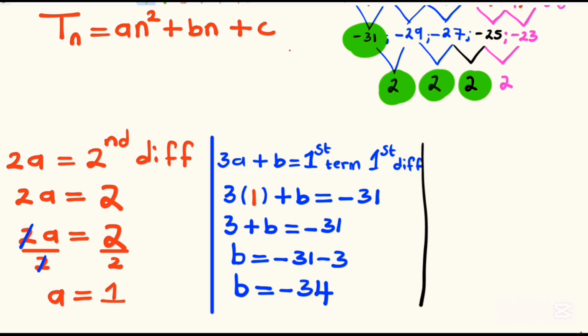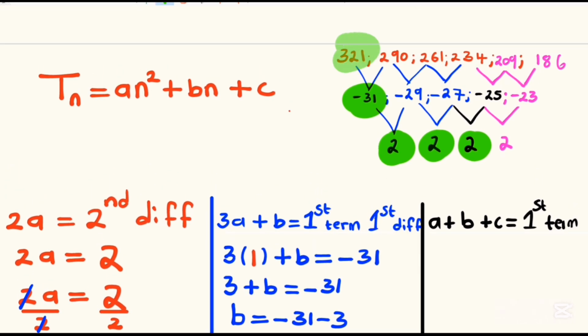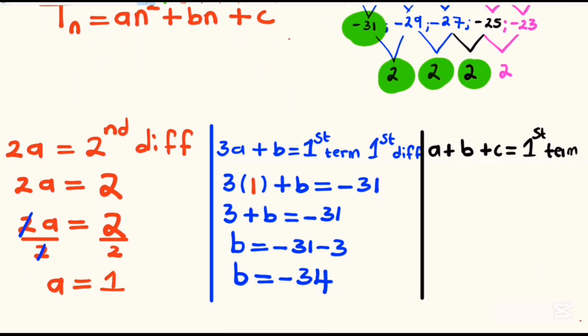To determine c, for a quadratic number pattern, we have a plus b plus c is equal to the first term of the quadratic number pattern. So the first term is equal to 321. We substitute 1 for a, and for b we substitute negative 34, and we are to determine the c.